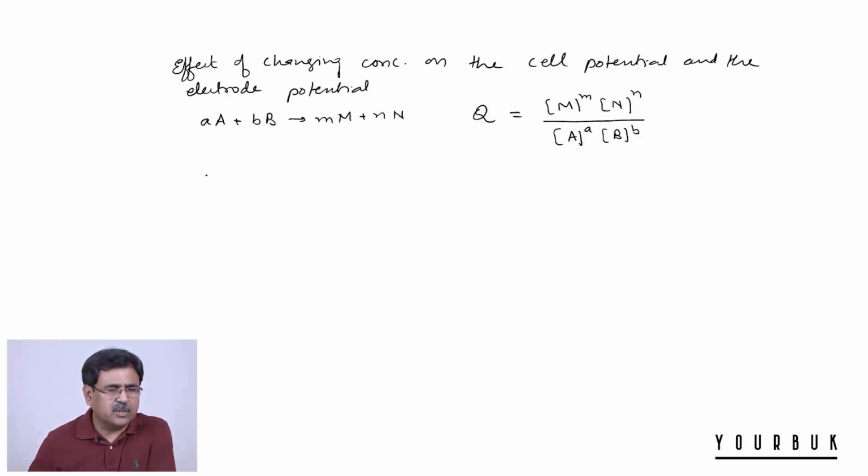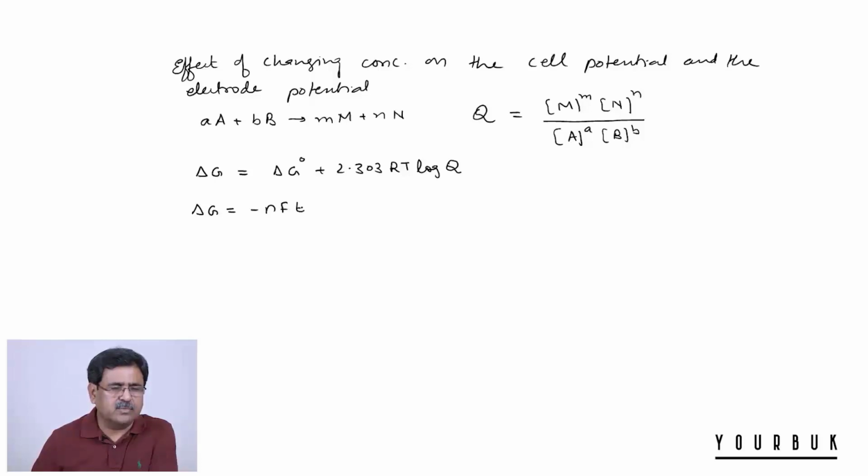Then we also know from thermodynamics that the free energy change and the standard free energy change are related by this equation. And we have also derived the relation between the free energy change and the potential: delta G is equal to minus nFE, where E is the cell potential, and delta G degree, the standard free energy change, is equal to minus nFE degree, where E degree is the standard cell potential.